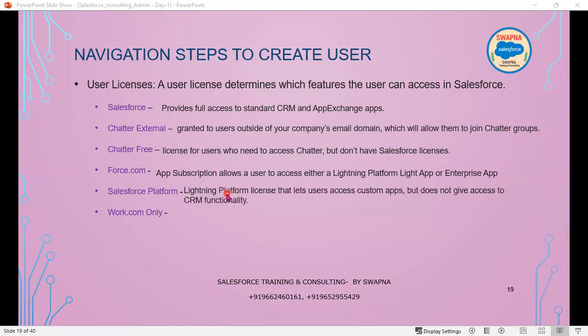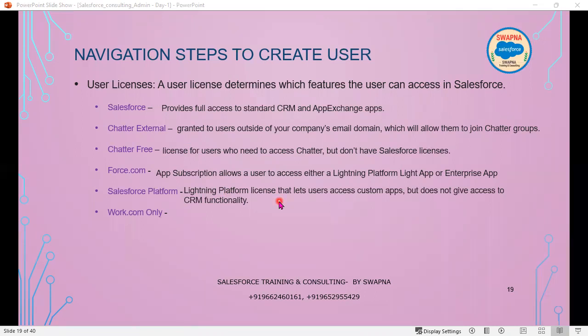Now, next one is the Salesforce Platform license. This is the platform license where the users will access some apps, but it does not give complete access to the CRM functionality.